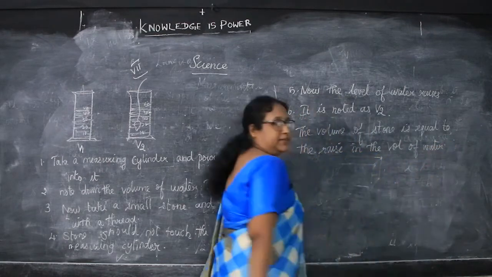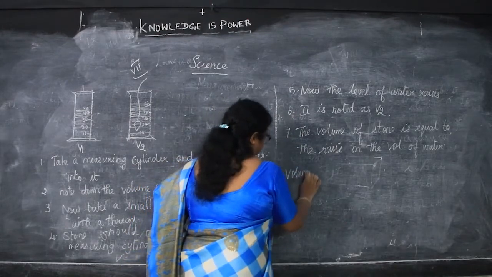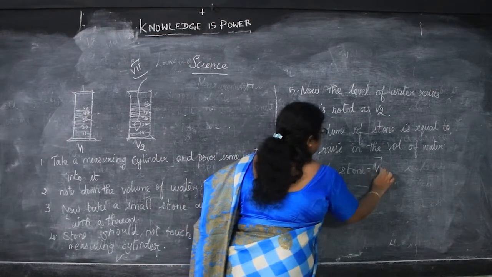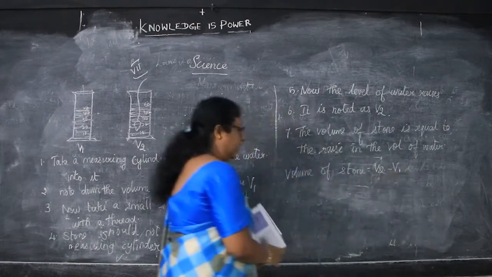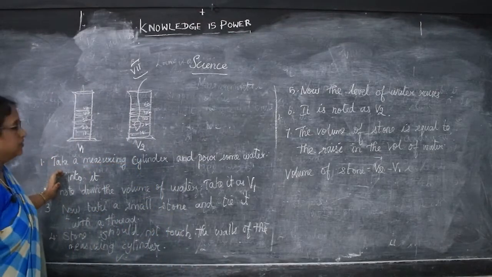Can you understand, children? Now, volume of stone is V2 minus V1.